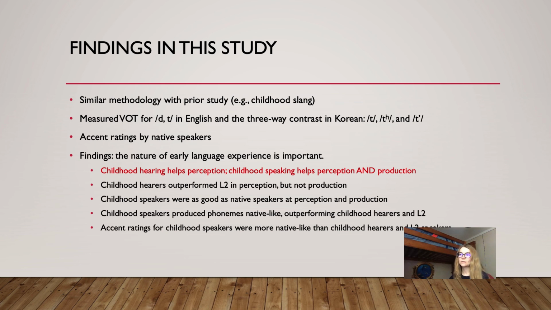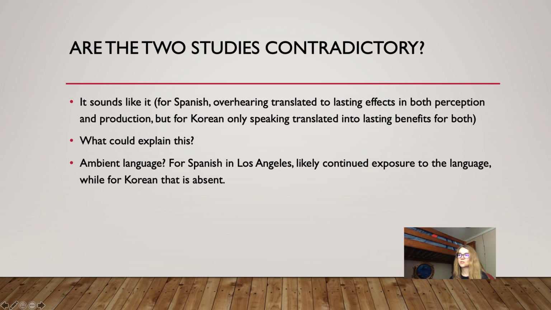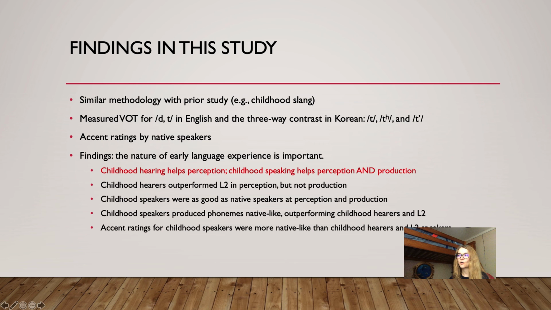So what they found in this study is that childhood hearers outperformed, so they did better than second language learners in perception, but not in production. So in production, whether they overheard the language in childhood or whether they were just learning it for the first time as adults, like the L2 speakers, the production didn't show any payoffs, but perception did.